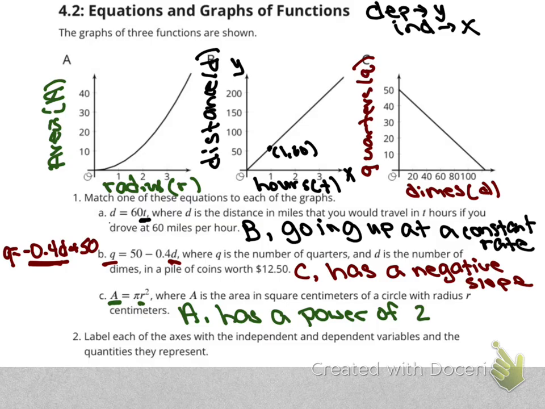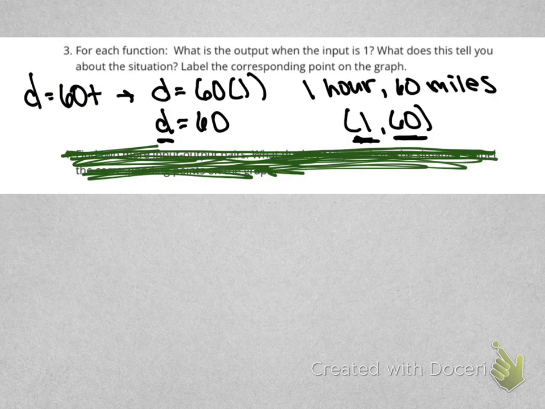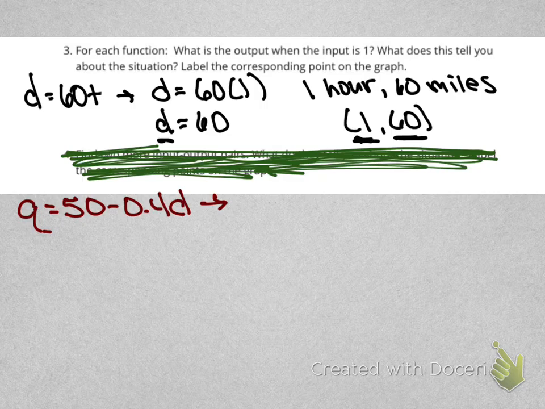Alright, let's do the next one. We have B, which is Q equals 50 minus 0.4D. Since Q is our y value, we're going to leave it alone because that's our output. We're plugging 1 in for the D because that's where your input would go, that's your x value, or your independent variable.